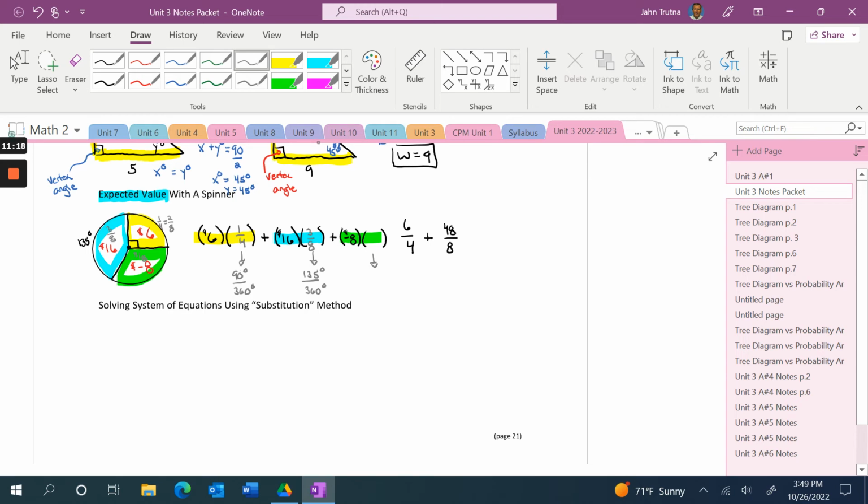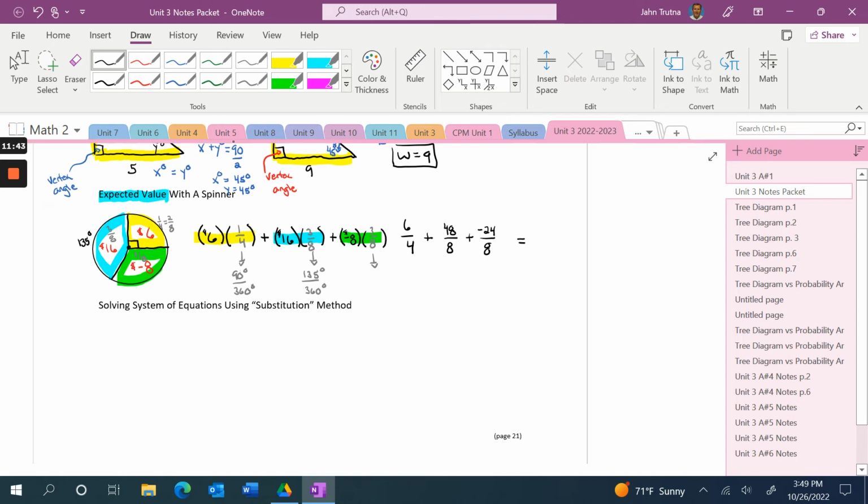That's the full circle. So that is 3/8 of the circle right there. Okay, multiplying -8 times 3 gives me -24 over 8. So I'm going to add that to the other two fractions. So I add up 6 over 4 plus 48 over 8 plus -24 over 8. And whatever that equals, that is what my expected value is.